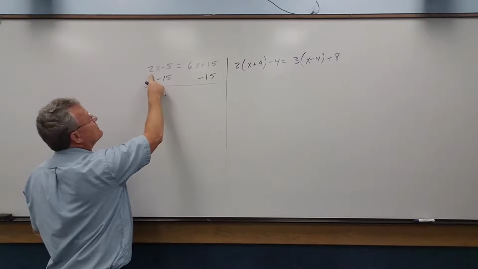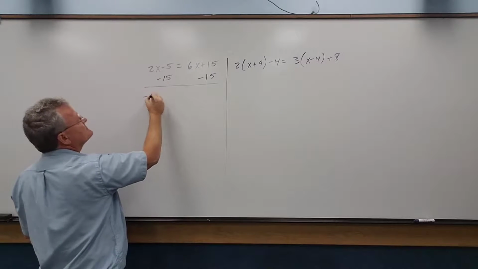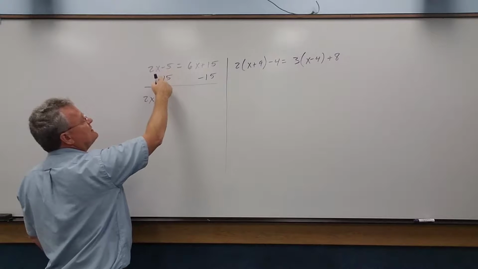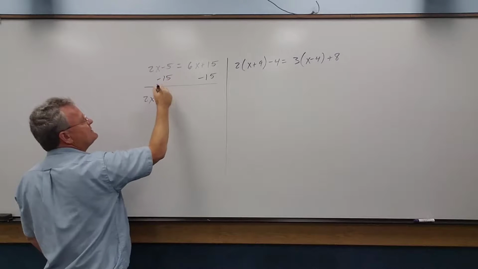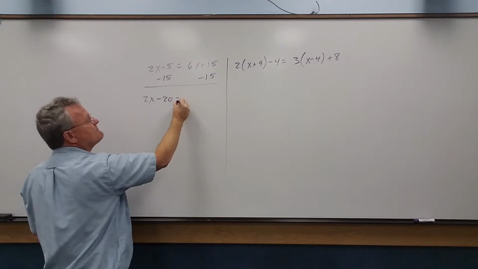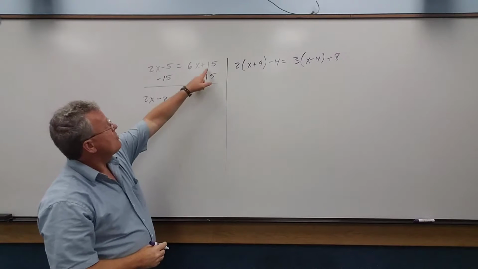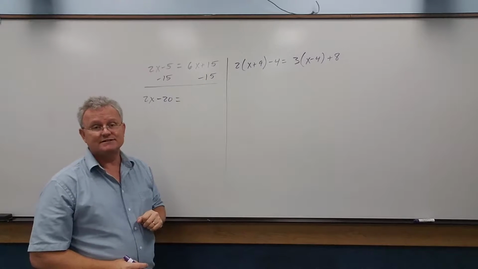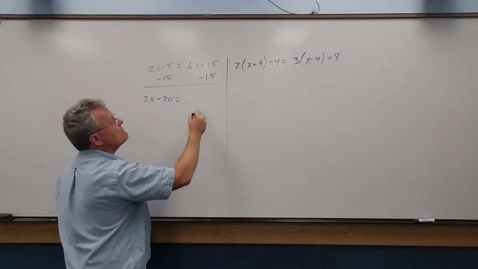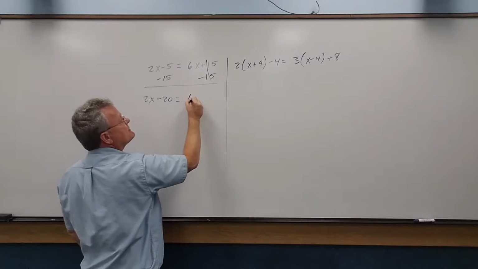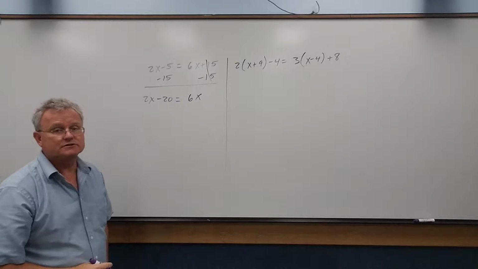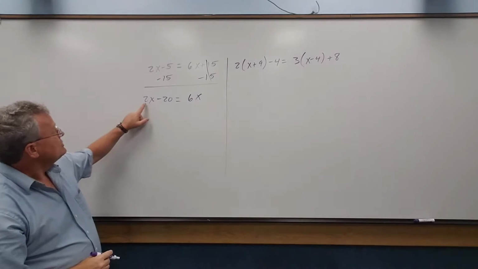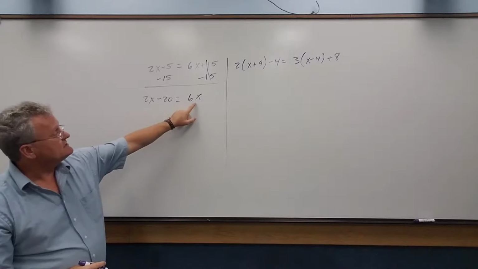So now we do our arithmetic. We have 2x minus 5 and a minus 15 is a minus 20. Over here, 15 plus negative 15 is 0. 0 plus 6x is just 6x. Now, 2x, we need to get to the other side.